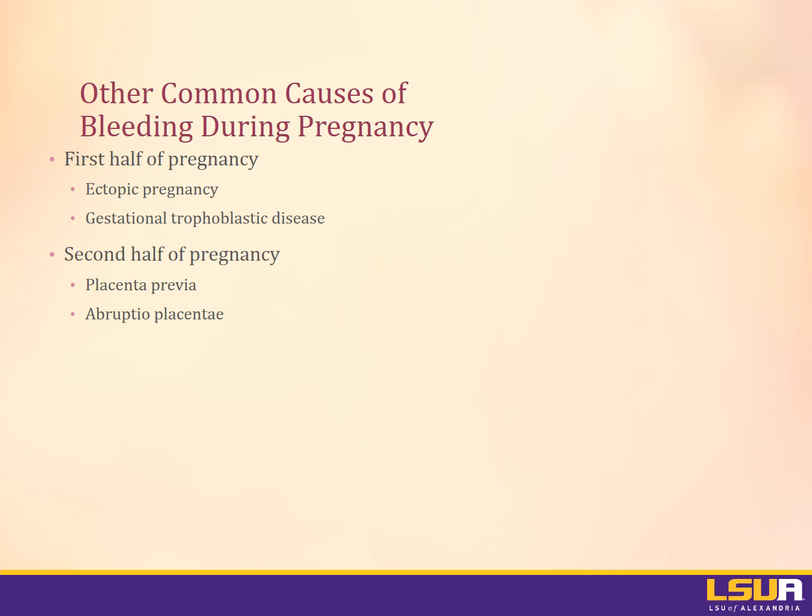During the second half of pregnancy, she may have a placenta previa, where the placenta has adhered closer to the cervix, and she'll have bleeding with no pain, or abruptio placenta, where the placenta has actually started tearing from the uterine wall, and this will be painful bleeding and very painful.